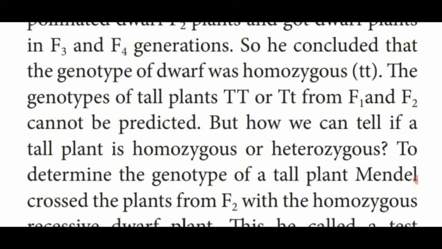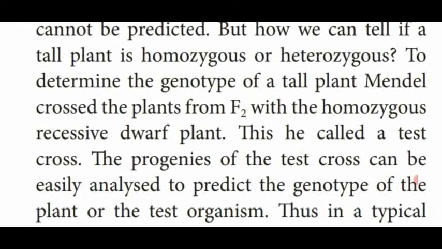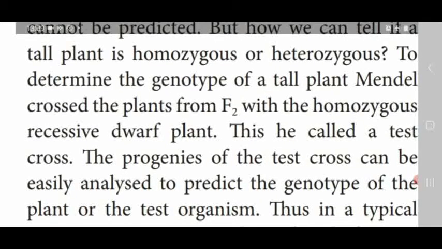But how can we tell if a tall plant is homozygous or heterozygous? That should be determined by crossing the tall plant from F2 with the homozygous recessive dwarf plant. Then only we will get the heterozygous tall plant.